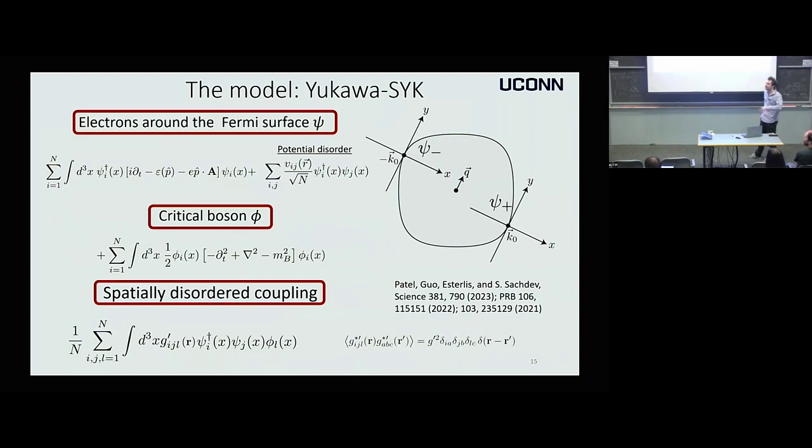So yeah, I understand what you say. I think this goes back probably to Subir's talk, where they studied the problem with this disorder on the bosons. I think in the large N approximation, the saddle point corresponds to that effect being washed out in some sense, because you do average over both indices and space.